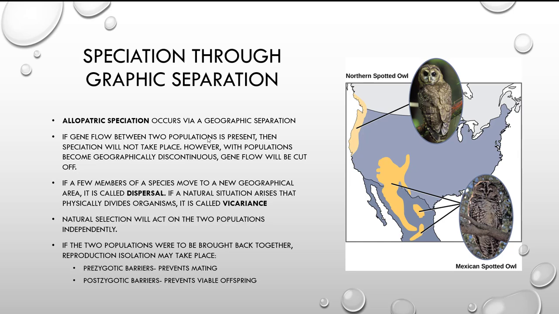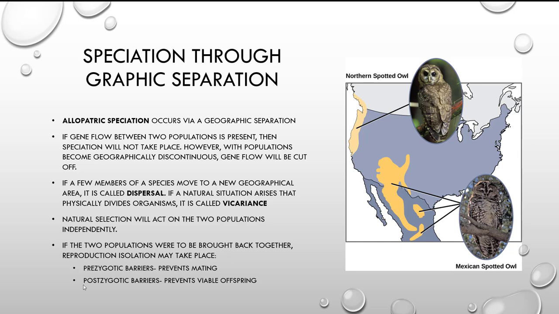Okay, so if gene flow between the two populations is present, then speciation will not take place. If gene flow is not present, they're geographically separated and enough time goes by, they might evolve differences between each other to the point where they are reproductively isolated and become two different species. Okay?